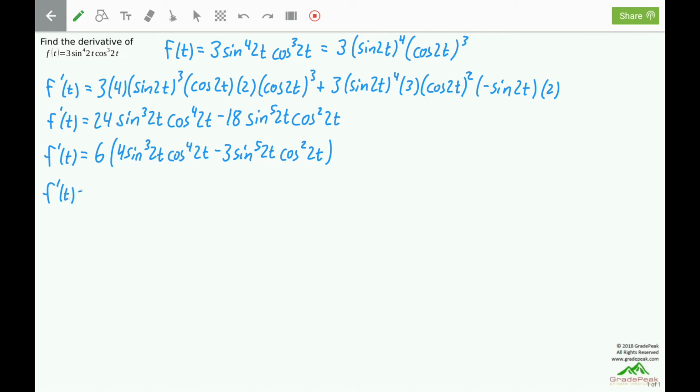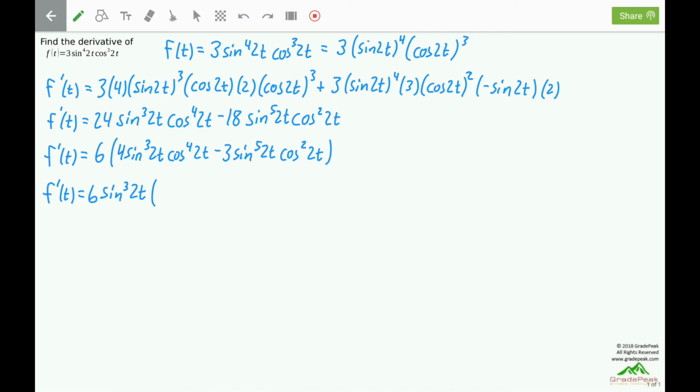So f prime of t will equal 6 times. Now looking at the powers of trig functions, I'll start with sine. I have in the first term 3 powers of sine, in the second term 5 powers of sine, we can factor out the lower of the two. That'll be 3 powers of sine, so sine cubed of 2t. And remember that factoring means division, and dividing means subtracting exponents. So we're going to subtract 3 from the exponents that are in there.